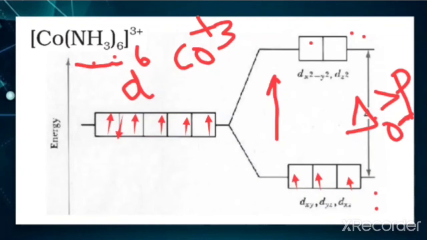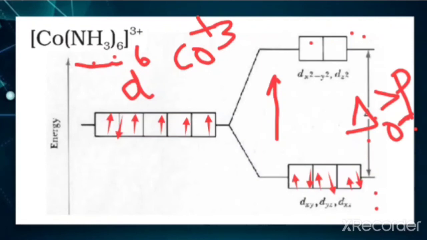No. Because the delta 0 value is greater, that means much energy is required to move to the upper d orbital. So in that case, it will start pairing here because the pairing energy is lesser. So the fourth electron will be here, fifth electron will be here, and sixth electron will be here.